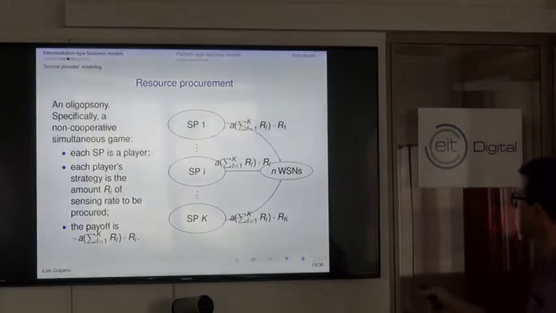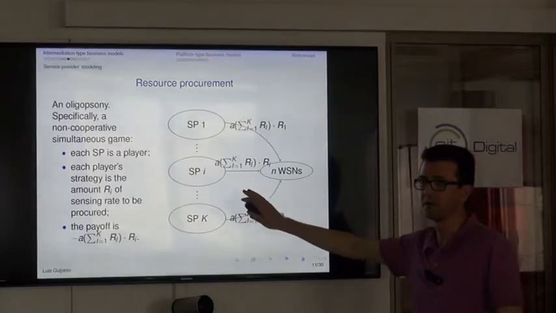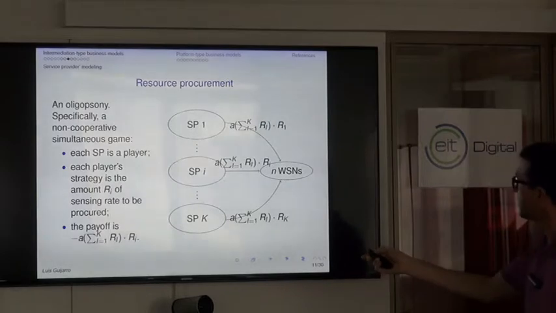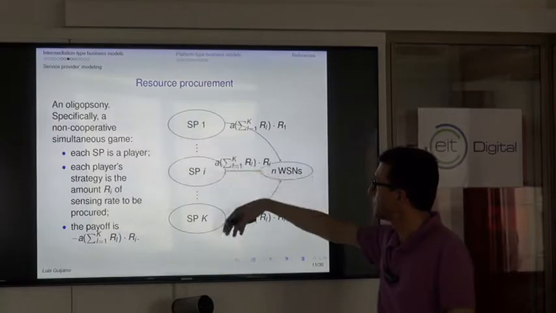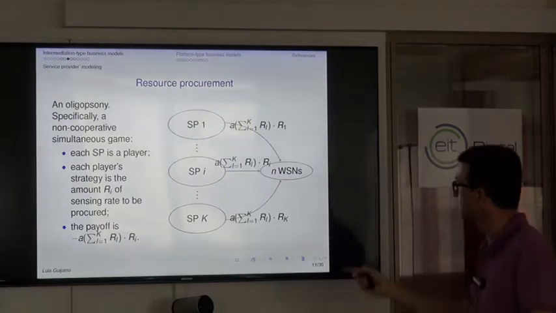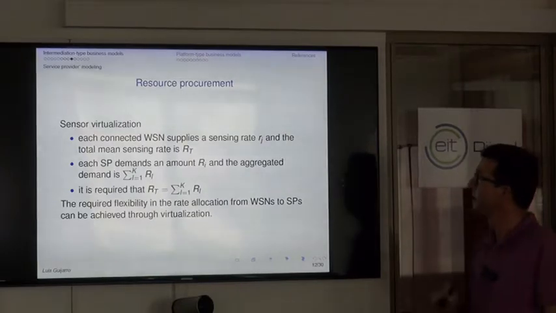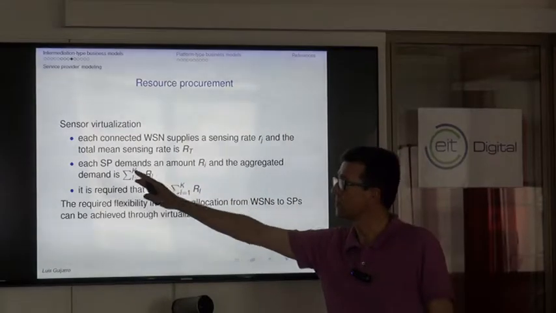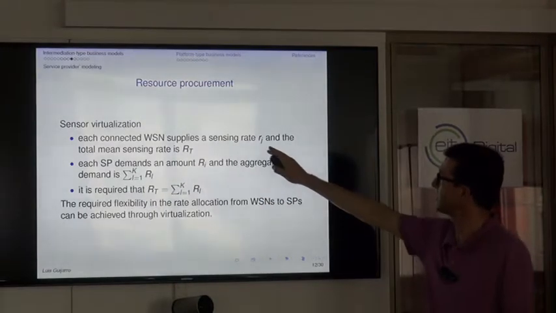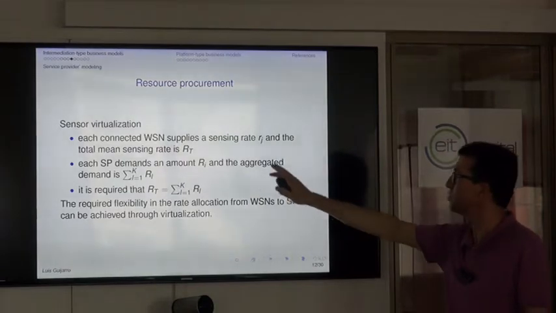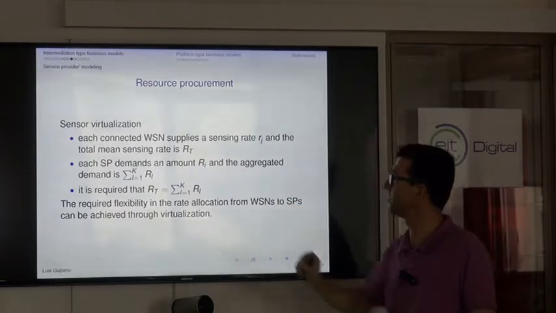On the other side, just a comment regarding how this can be implemented. In this competition between the SPs when buying sensing data, we have seen from the models shown before that each connected sensor network supplies a sensing rate Rj, and the total mean sensing rate has been computed as Rt.